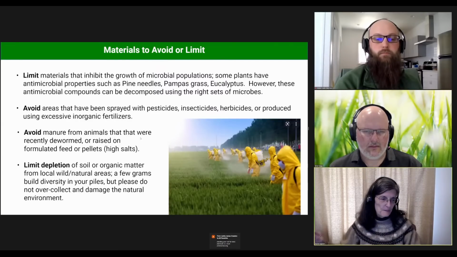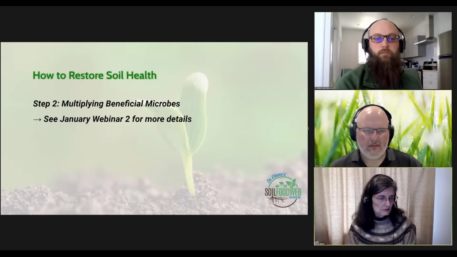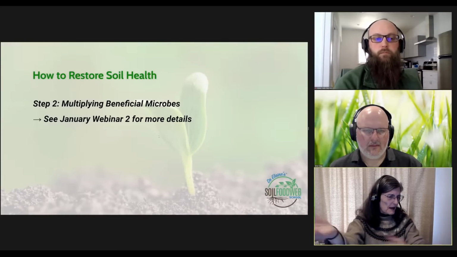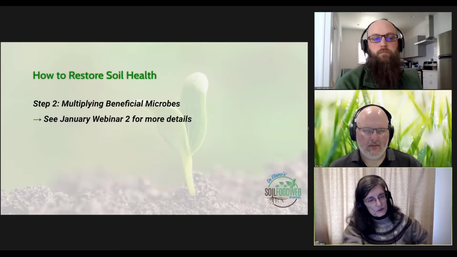Next slide. How to restore soil health. We're multiplying beneficial nematodes as soon as you start putting anything into the soil that has that diversity of microorganisms. So what we're really trying to say here is not so much multiplying the beneficial microorganisms.